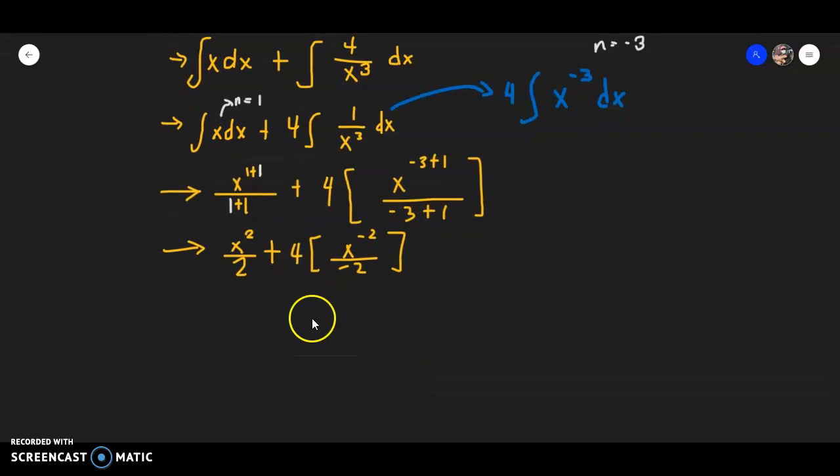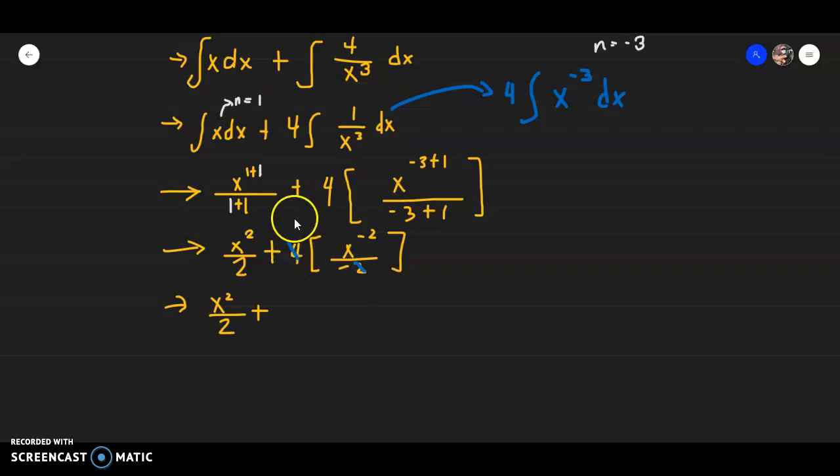So, we have x squared all over 2 plus itong 4 at saka yung negative 2, divisible naman siya. Kakancel tayo dito, mawawala yung 2.